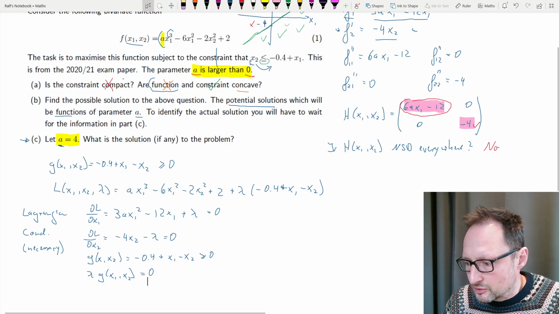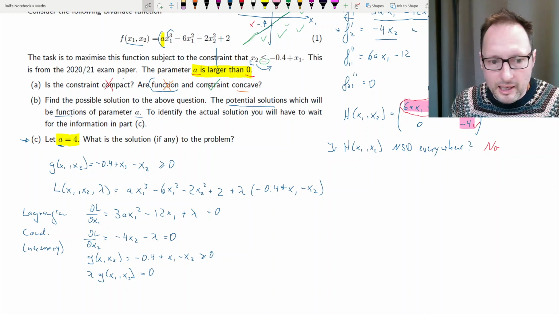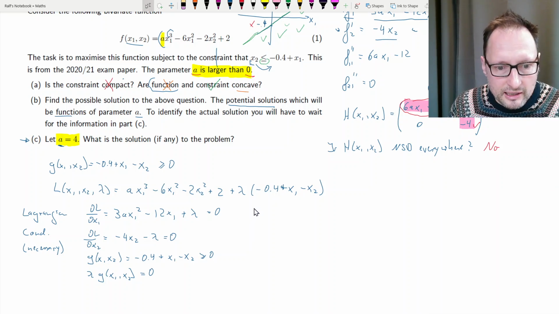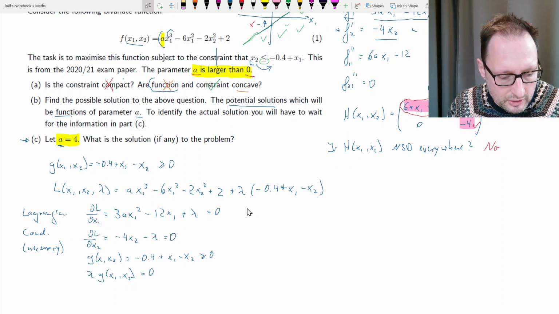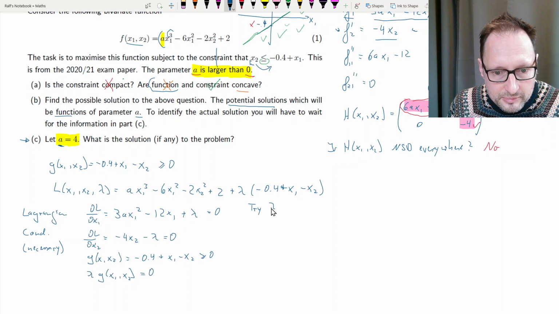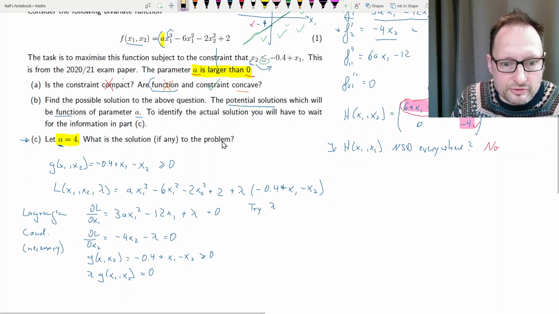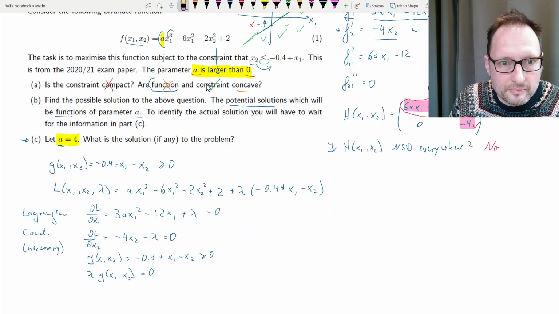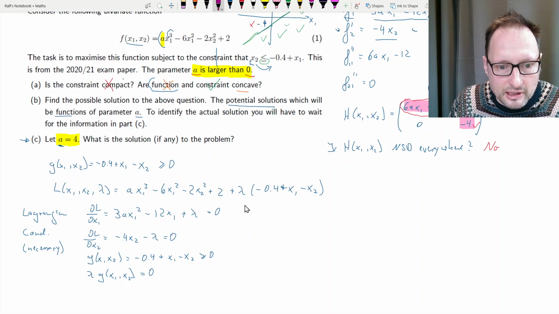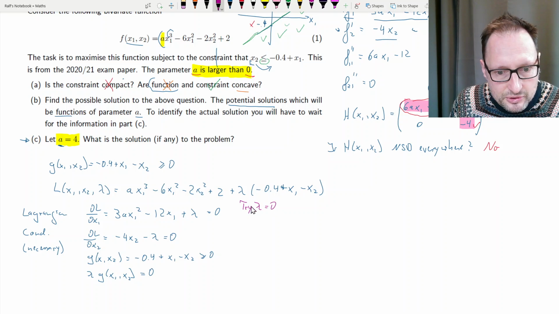How do we go about solving this problem now? Well, let's first, as we usually do, let's try lambda. I'm going to use a different color. Let's try lambda is equal to 0.